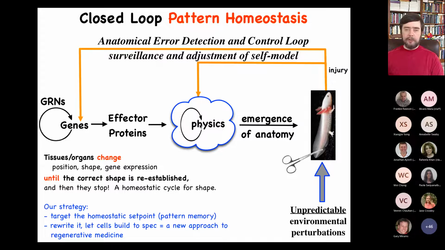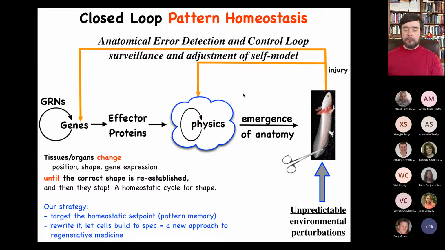These feedback loops, both at the level of physics and genetics, try to reduce the distance in anatomical morphospace from wherever you are now to the correct pattern, meaning the target morphology for that species. So again, it's a typical homeostatic circuit. It's a kind of error minimization thing, but the set point is actually not a scalar like pH or something like that. The set point is a morphological distribution. So we're talking about navigating anatomical morphospace.